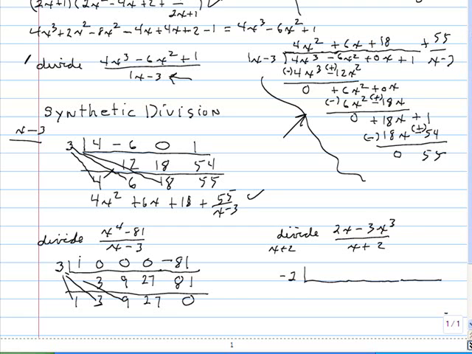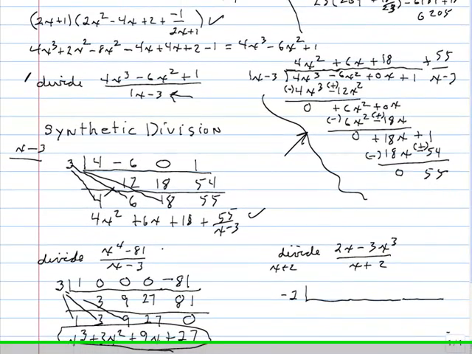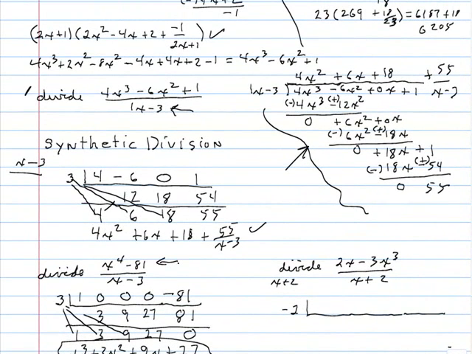Since this was an x to the 4th, this will be an x cubed, so I write 1x cubed plus 3x squared plus 9x plus 27, and I don't get a remainder, and there is my quotient, and it just took seconds.